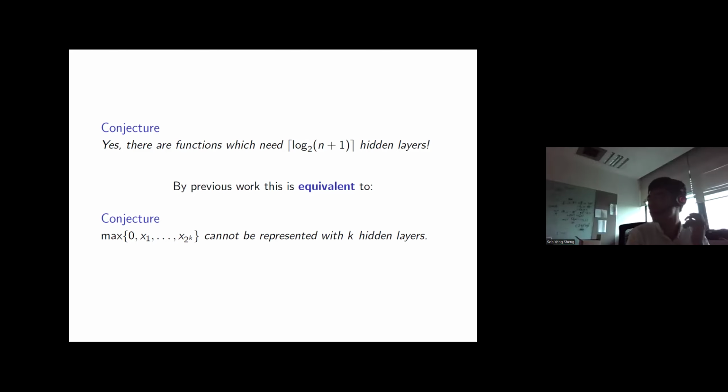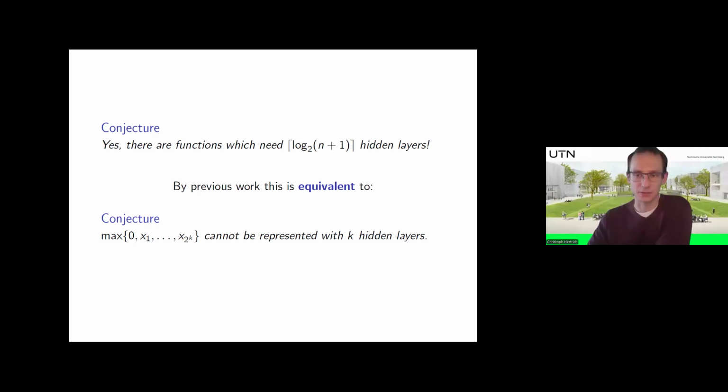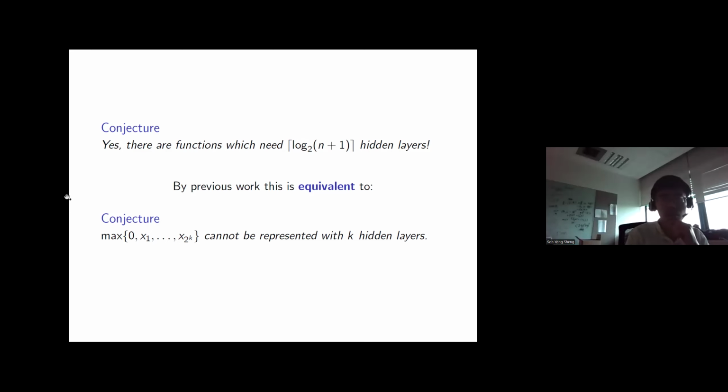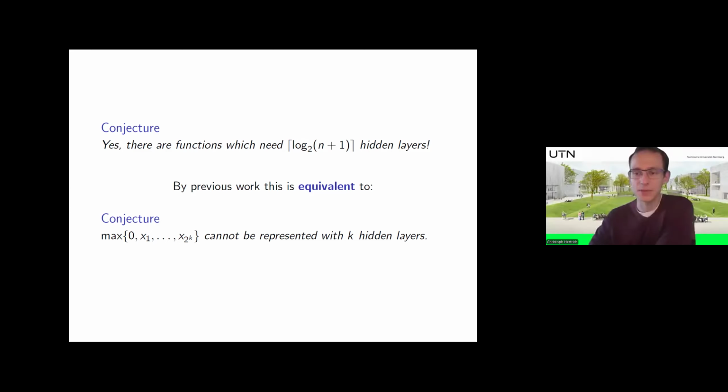If you use this, then you see that if there was any example that needs logarithmically many hidden layers, since you can write that example in this representation, it also means that for the maximum you need logarithmically many layers. That's the high-level idea behind that. Okay, thank you. You're welcome.